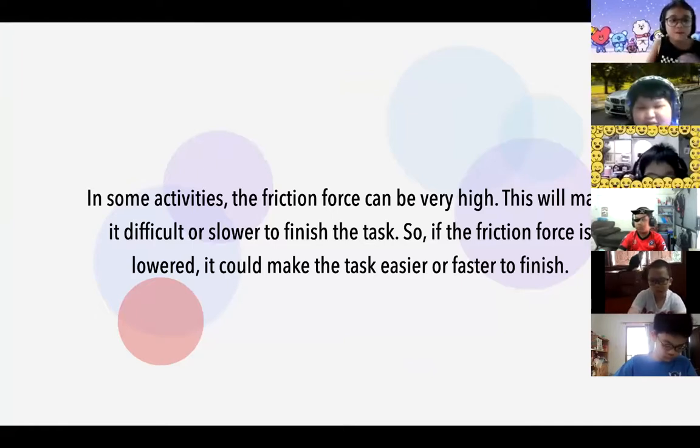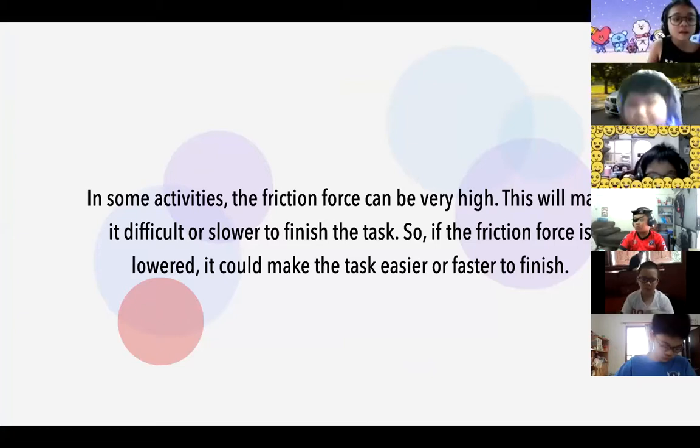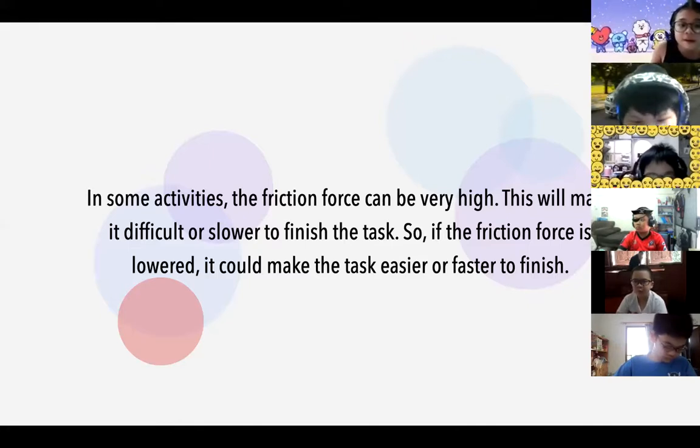In some activities, the friction force can be high. This will make it difficult or slower to finish the task. So if the friction force is lowered, it could make the task easier or faster to finish.